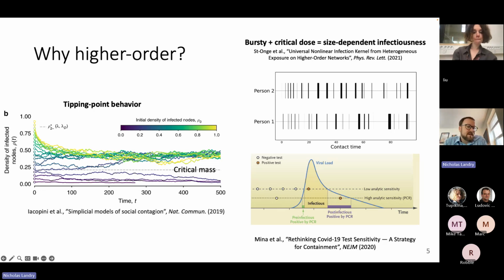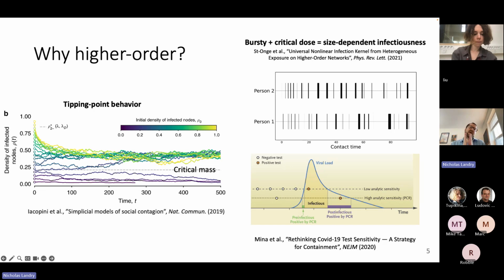Then more on the epidemiological side of things, there's this paper that I really like: the Universal Nonlinear Infection Kernel from Heterogeneous Exposure on Higher Order Networks. In a nutshell, what these authors show is that if you have a threshold of, say, viral load at which you can get infected, so for instance, we see this diagram on the bottom here, they require a critical dose to get infected.